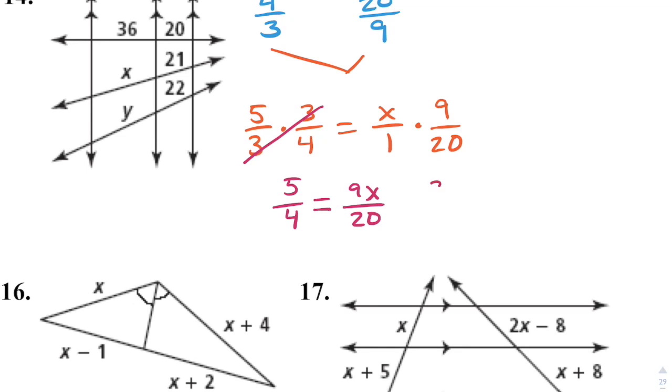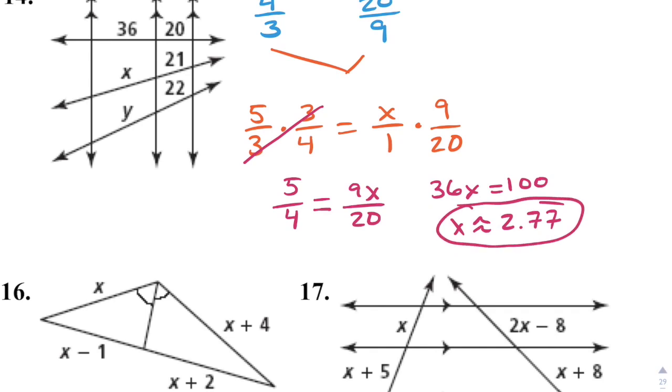Find my cross product. So 36x equals 100. 100 divided by 36. X is approximately 2.77 repeated.